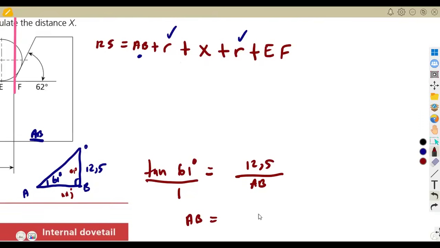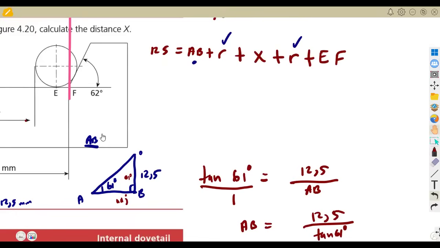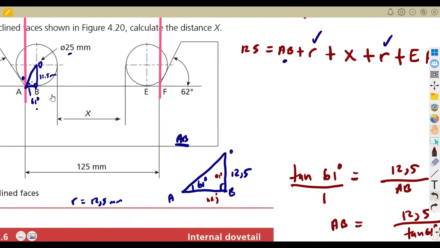It's going to be 12,5 over the tan of 61 degrees. So that's it, we have got our AB there. Divide this, we are going to obtain 6,929 millimeters. So that is how we could have calculated the distance from A to B.